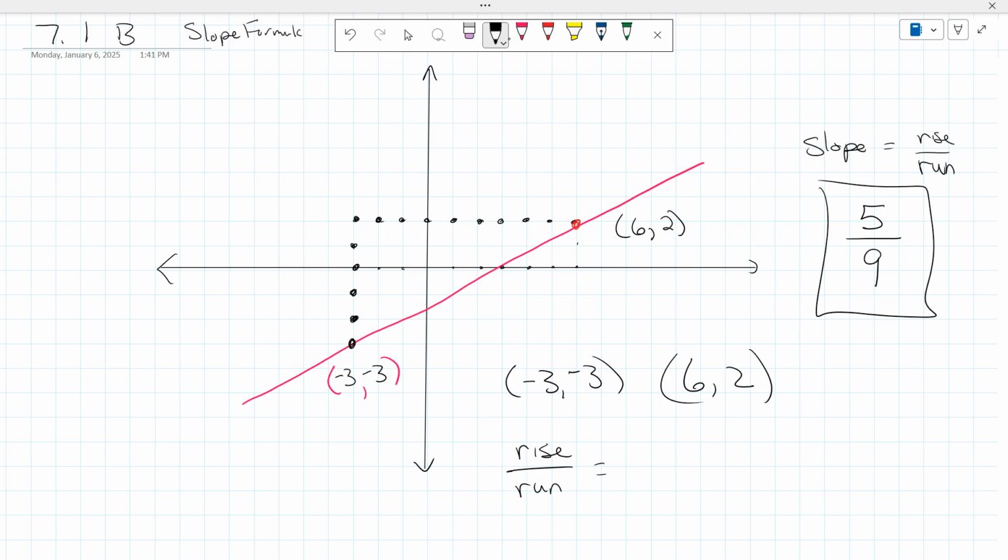So my rise, I take my y numbers and subtract them. My run, I take my x numbers and subtract them. So we can call this x1, y1 because that's the first ordered pair, and this is x2, y2 because that's the second ordered pair.